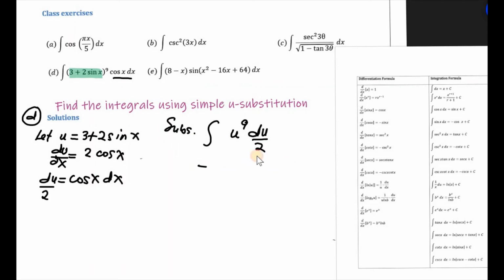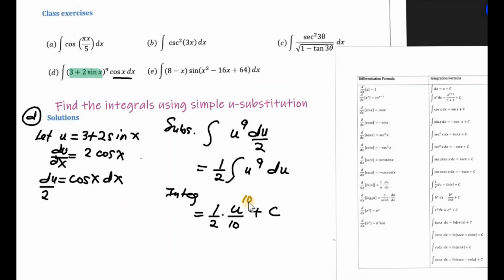Before we integrate, let's put the constant in front. Now we can integrate. Make sure that you only have one term before you integrate. So half, using the formula of integral x power r plus 1 over r plus 1. So here we have u power 9 plus 1 is 10, over 10.